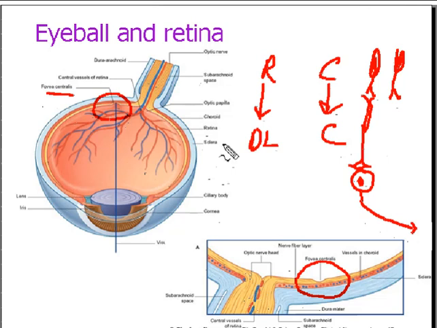At this portion, you have no photoreceptors, so you have no rods or cones, so if light falls on this part, nothing will be stimulated, and you cannot perceive color or just light in that area. So this part here is known as the blind spot.